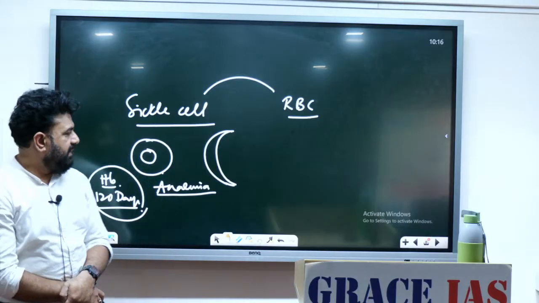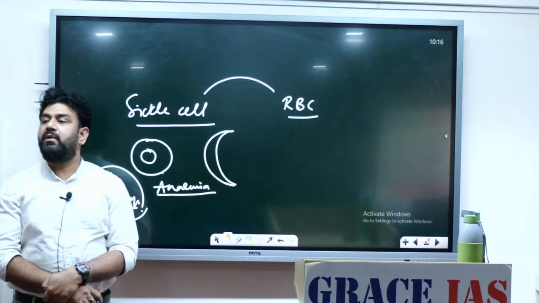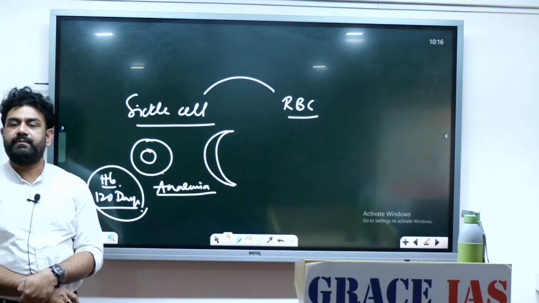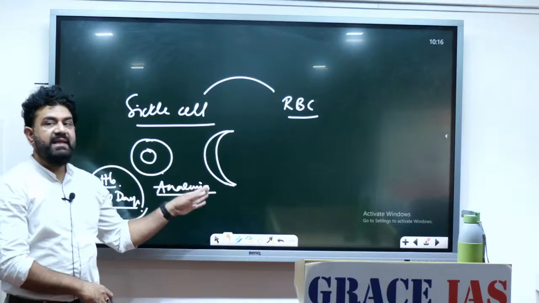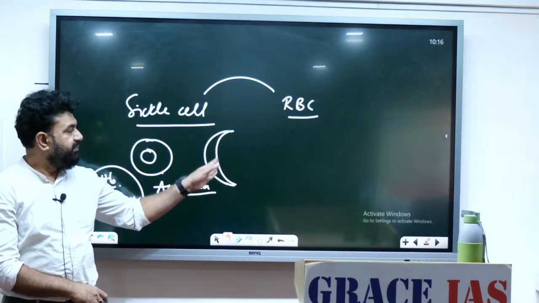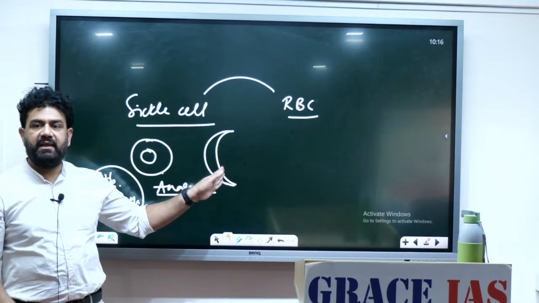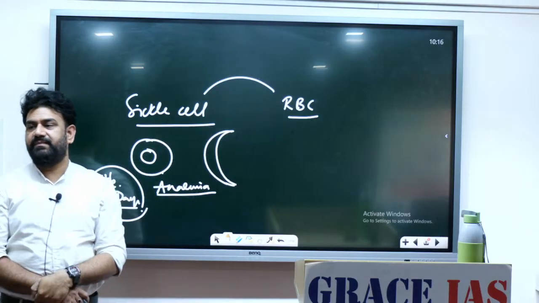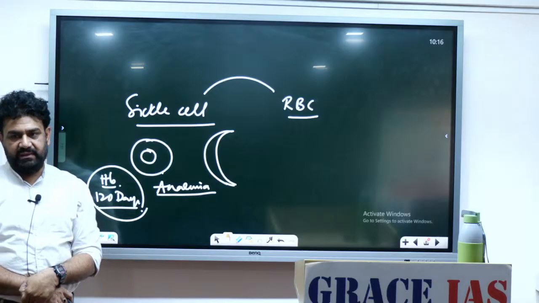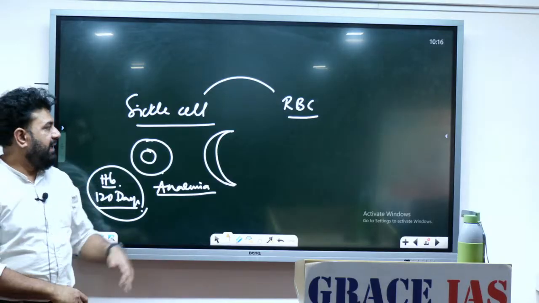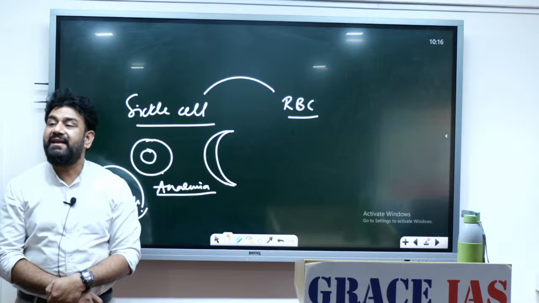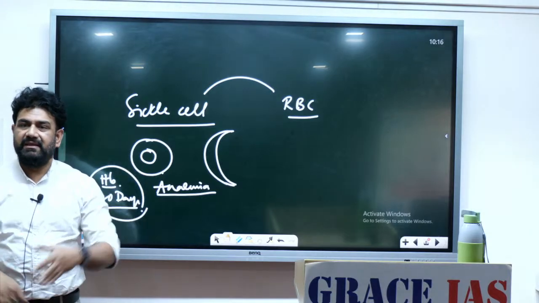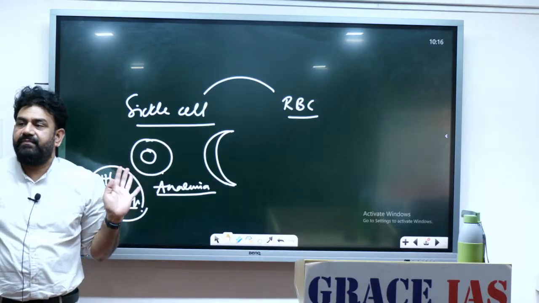So, anemia means suboptimal hemoglobin concentration in the RBC. Now, why is there low hemoglobin here? Because of the sickle shape. Hence, it is called sickle cell anemia. You understand this? And often this is an inherited defect. What is an inherited defect? You got it from your parents or ancestors.